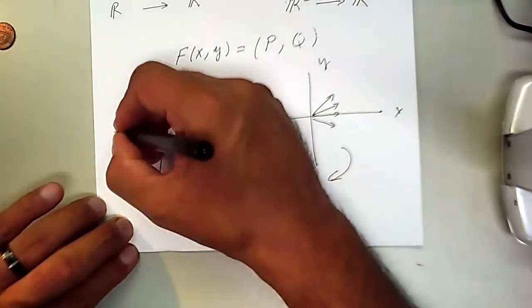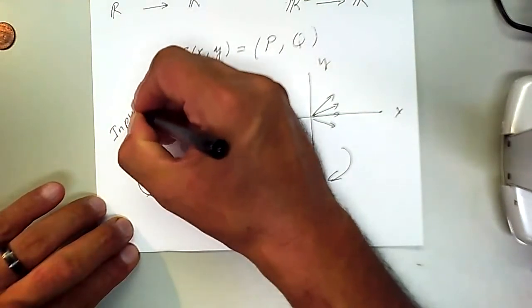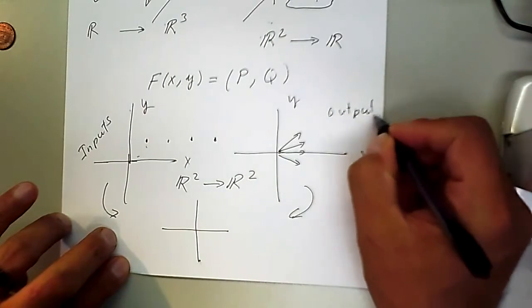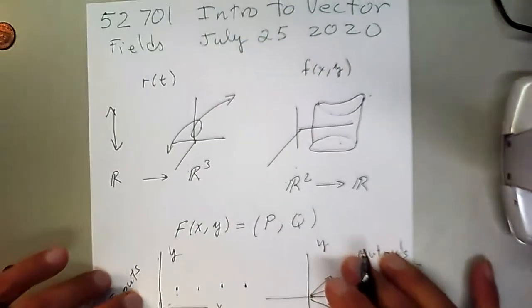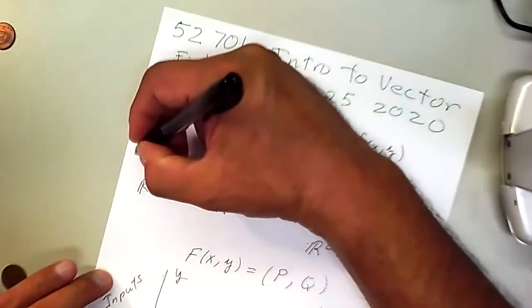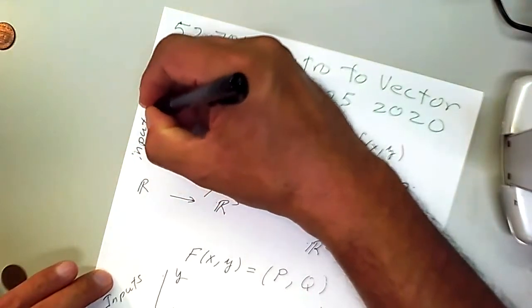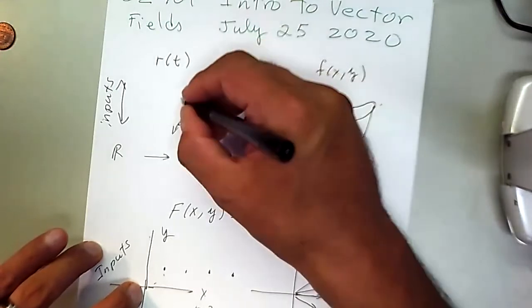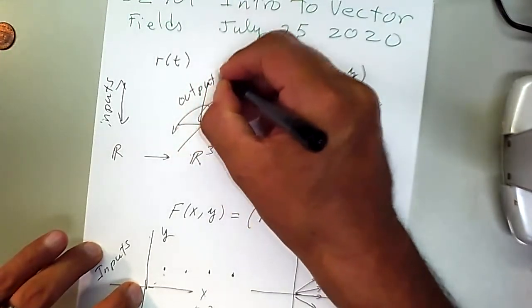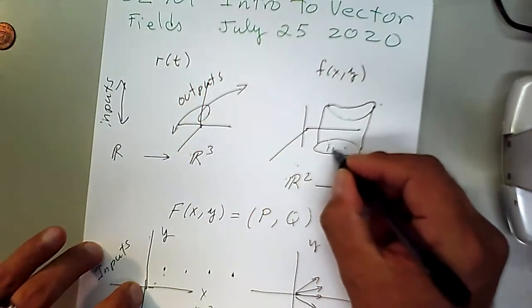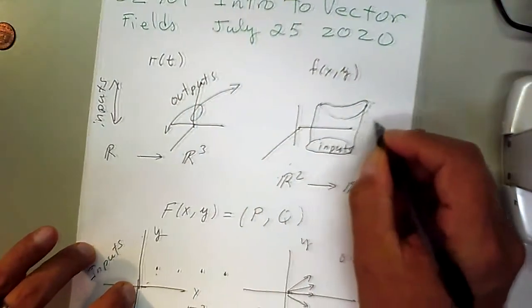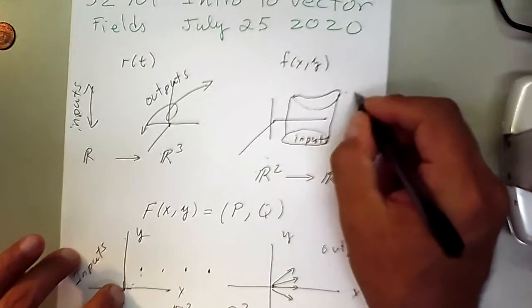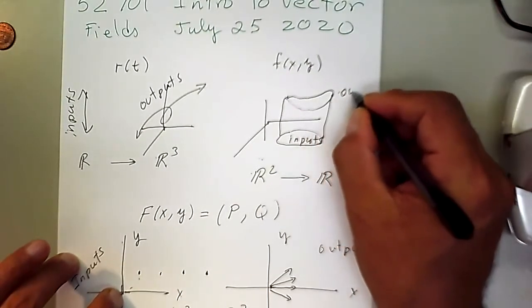The inputs, remember, these are the inputs, and those are the outputs. Up here, let me emphasize that the inputs come from that set, and the outputs are here. The inputs are here, and the output is the corresponding height for each one of those points.